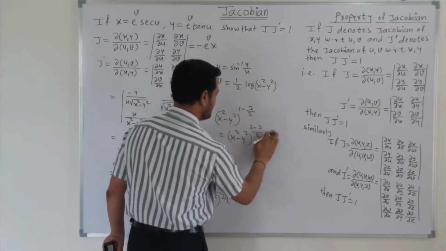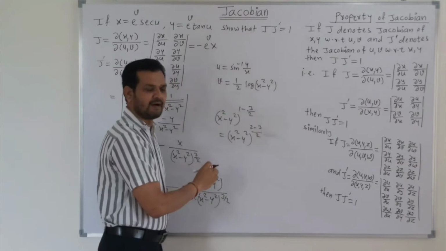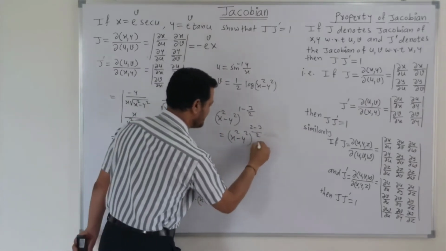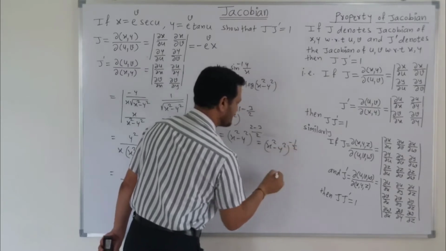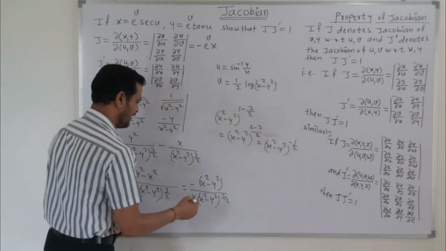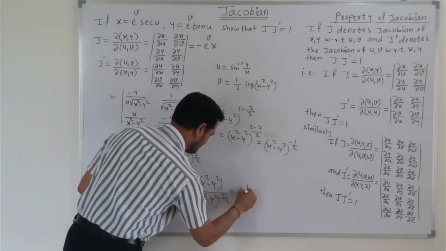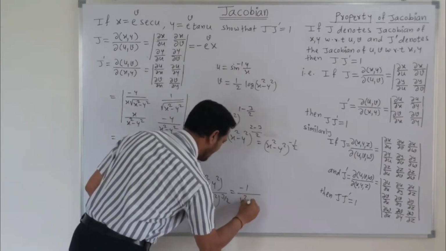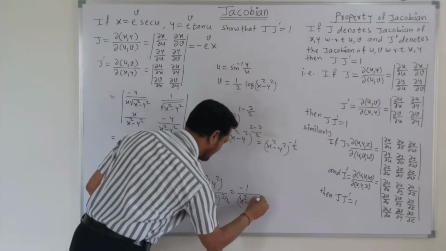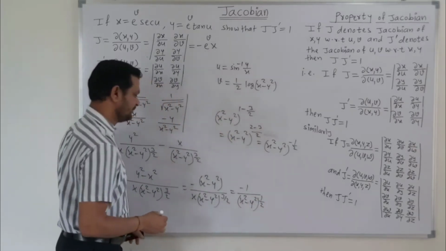So this power is minus 1/2. Minus 1/2, that means we get this as x square minus y square raised to minus 1/2. And this minus 1/2 indicates that this is 1 upon x square minus y square raised to 1/2.